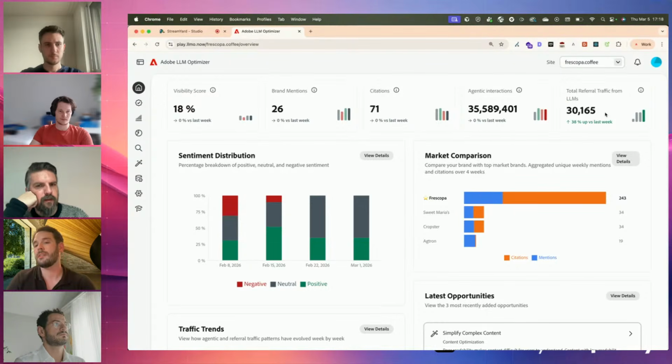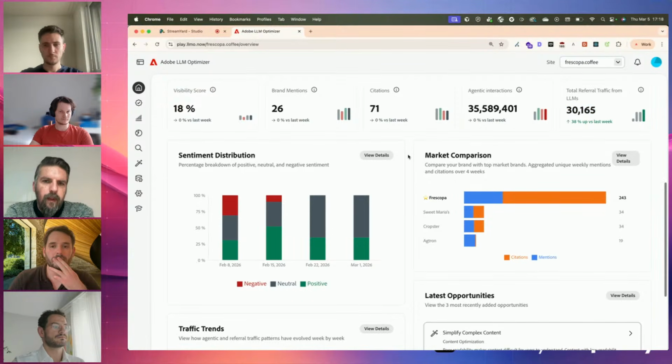And the last one is how many users you actually get from those LLMs. So you can see that it works a little bit like a funnel: how visible are you, how many times an LLM is actually trying to get information from your website, and then how many times a user gets on your website from those interactions with LLMs.